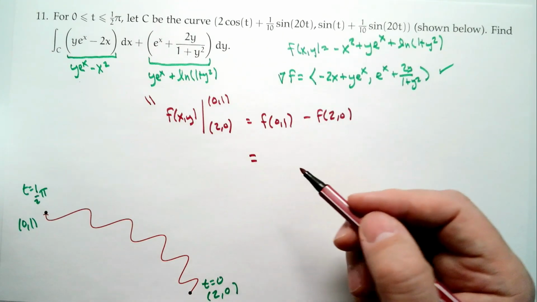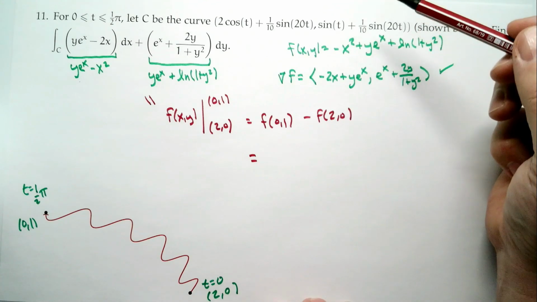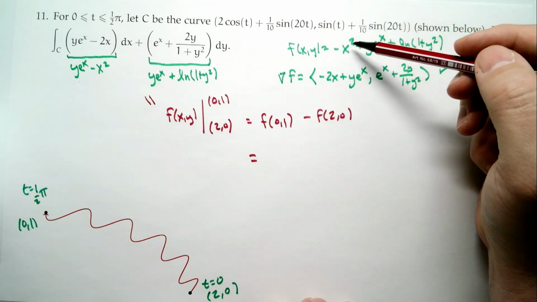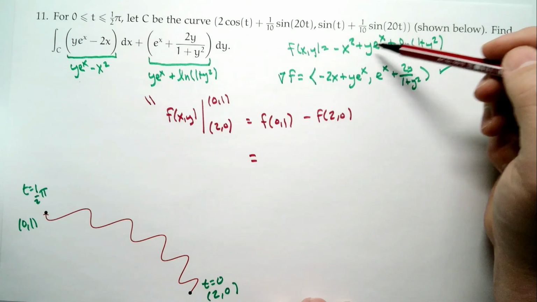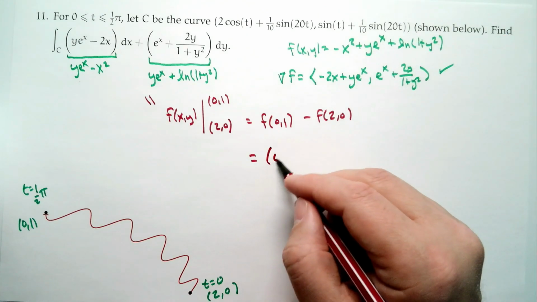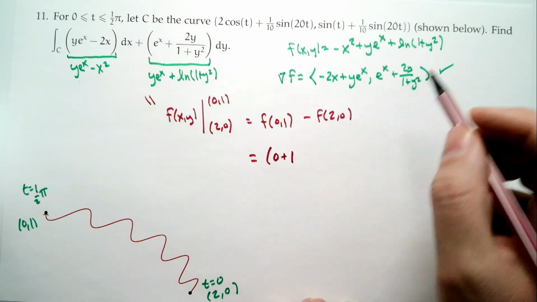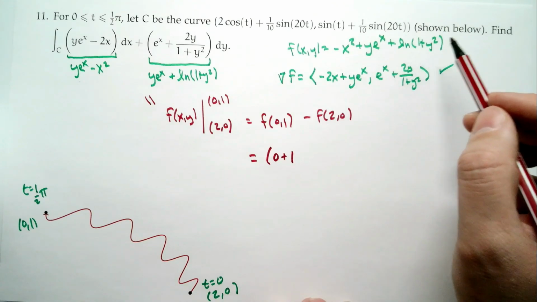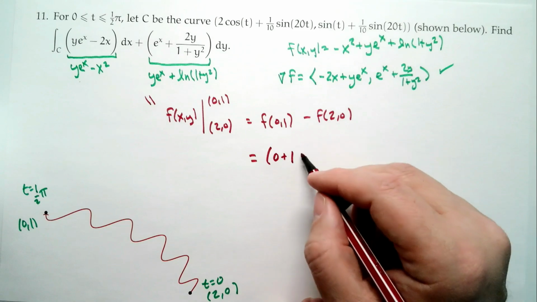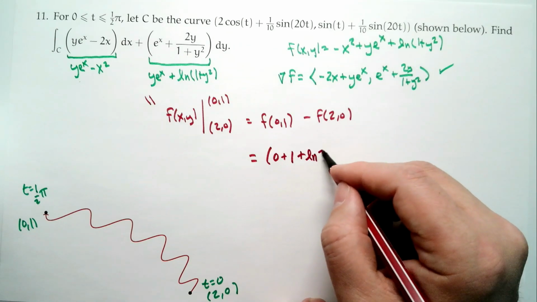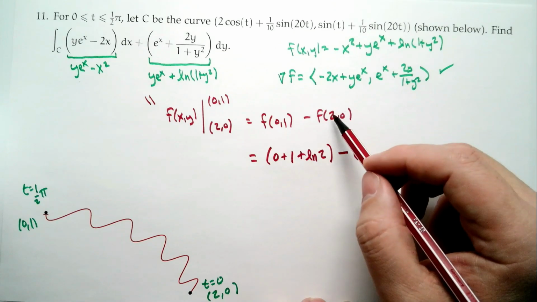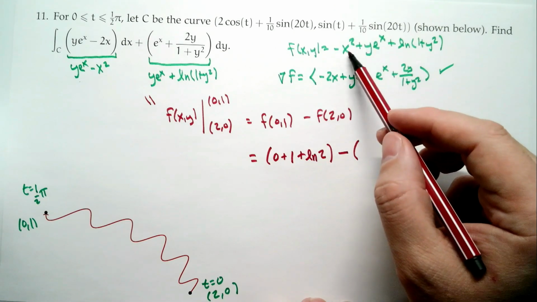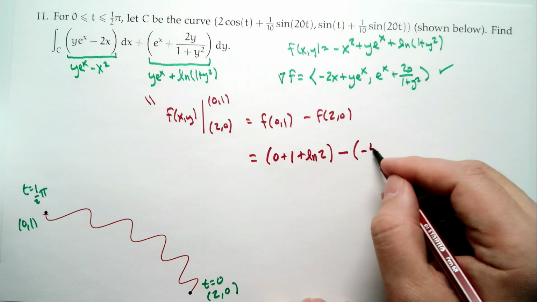When we plug in x equals 0 and y equals 1, well, we're going to get 0, and then we're going to get 1 times e to the 0, so that's 1. Then we're going to get plus log of 1 plus 1, so that's plus log of 2. Subtract, plug in x equals 2, y equals 0, we'll get negative 2 squared, so that's negative 4.